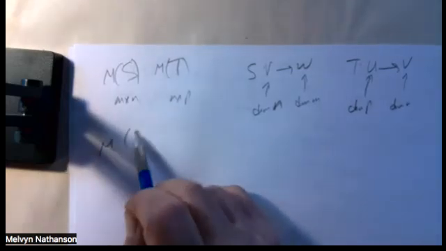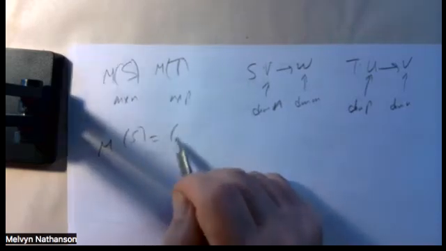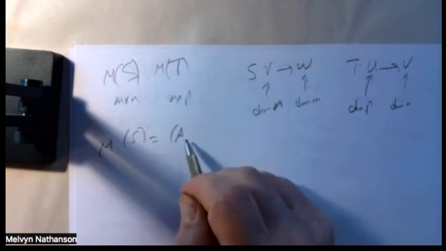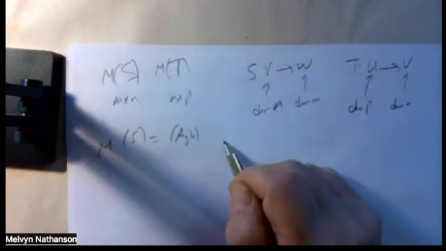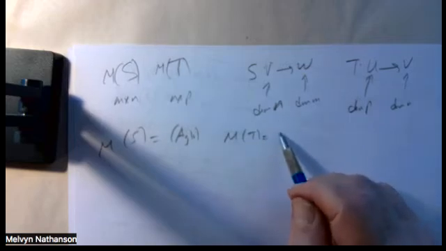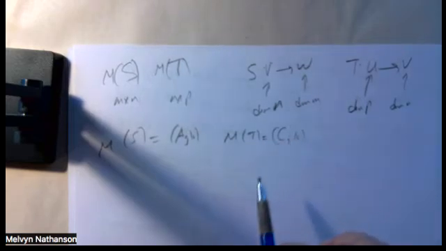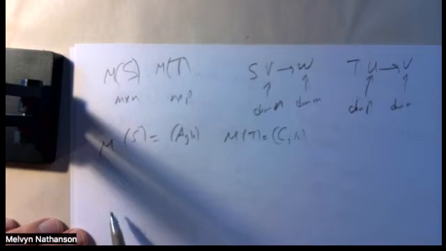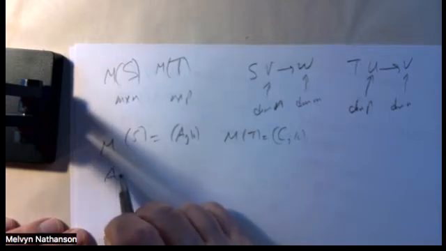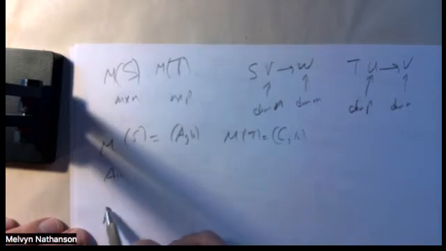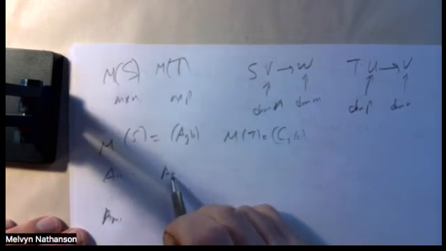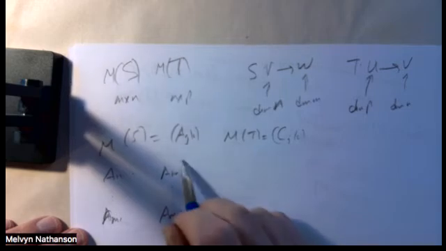So the matrix of T is an N by P matrix. Suppose the matrix of S is the matrix A sub JK, and the matrix of T is the matrix C sub JK. Let me just draw a picture of this. A11 down to AM1, A1N down to AMN.